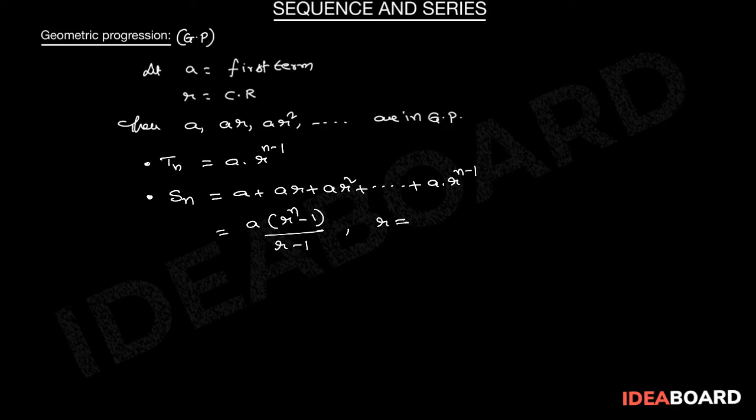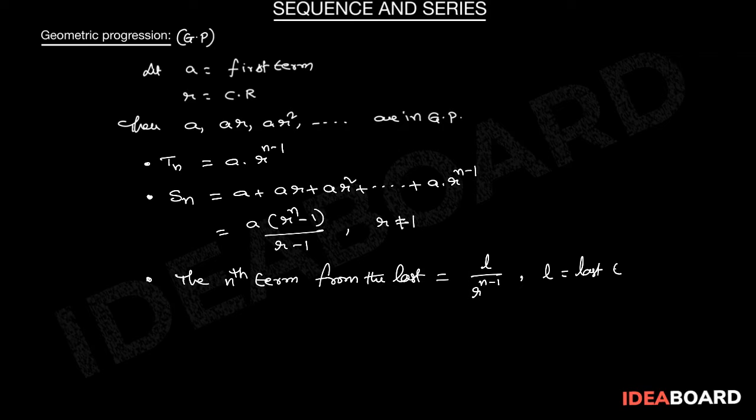Here r is not equal to 1. And the nth term from the last equals l by r to the power of n minus 1. Here l equals the last term.